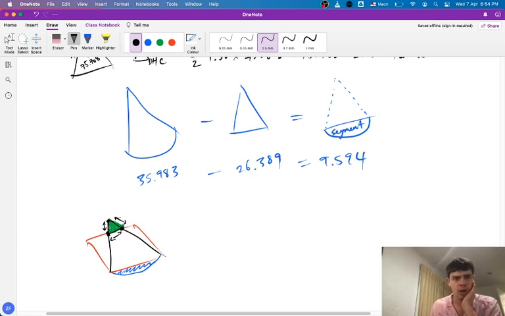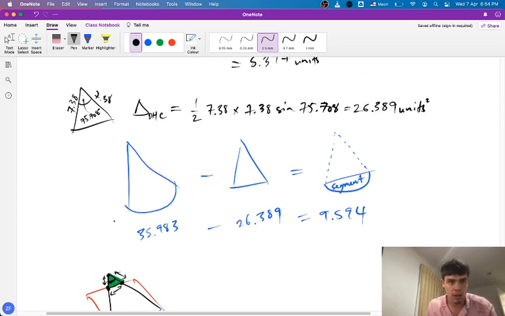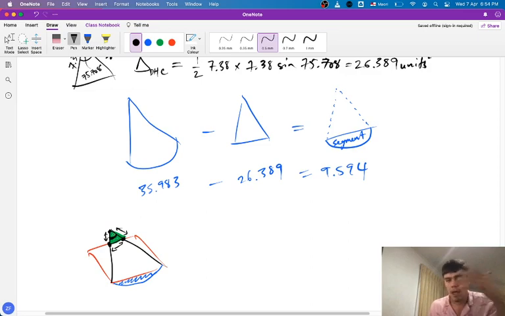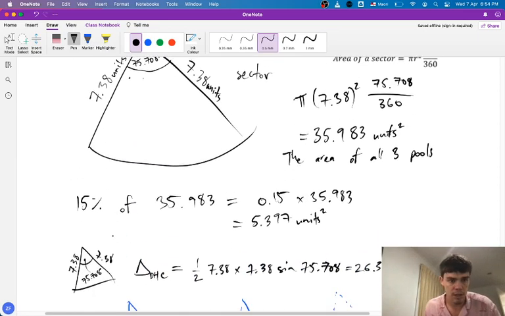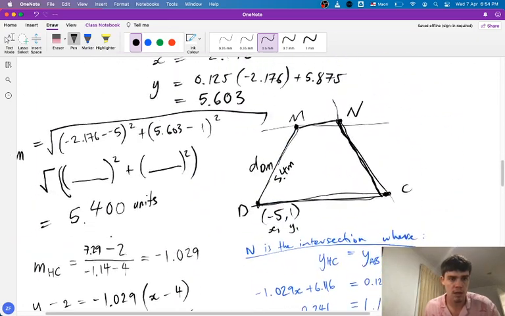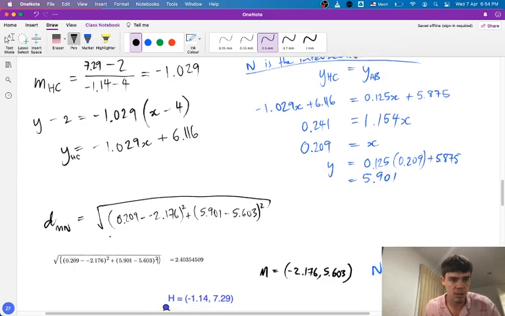In fact, we've got an angle. So you can just grab that angle that we grabbed from before, 75.708. And once you've got that angle in these, oh wait, we can do this super fast. I just realized. It's just 7.38 minus whatever that MD distance is.